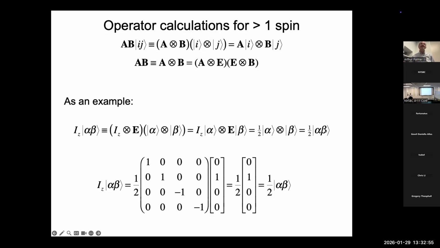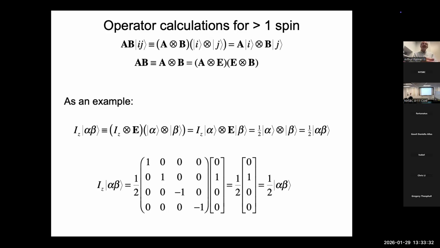Yep. So when we only have one spin operator, like in this example IZ, are we always multiplying that with E on the right side? So it depends on my ordering. If I have 2 spins and I say my first operator is I and my second operator is S, if there's no S in my operator symbol, I have to know that there's really an E there on the S side.